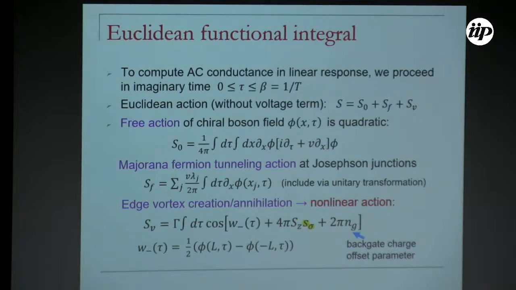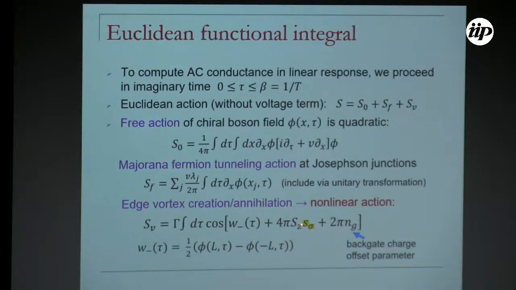The most challenging or difficult term in this problem is the last one, due to edge vortices, and that has a prefactor related to the phase slip creation rate, gamma. And then it is a nonlinear action. It comes with a cosine. There is a field W minus, which is basically the difference of these chiral boson fields at the right and at the left junction. Then there is a shift here that comes from the braiding.